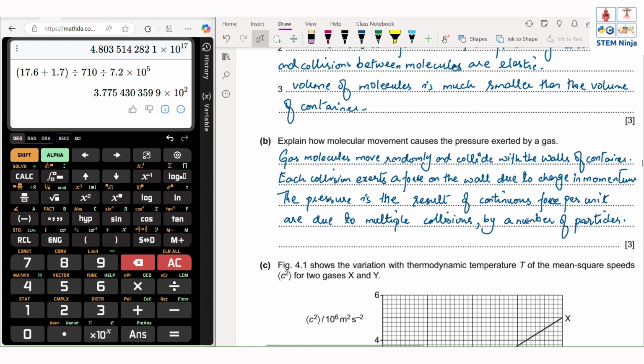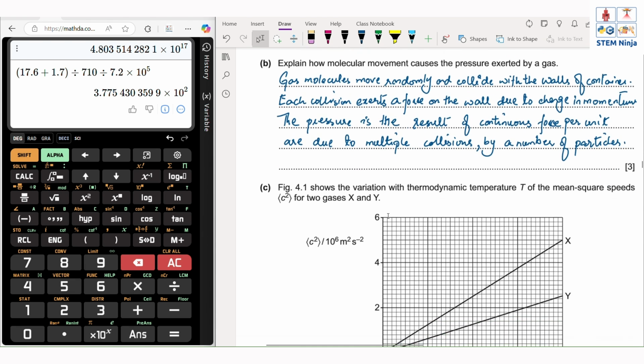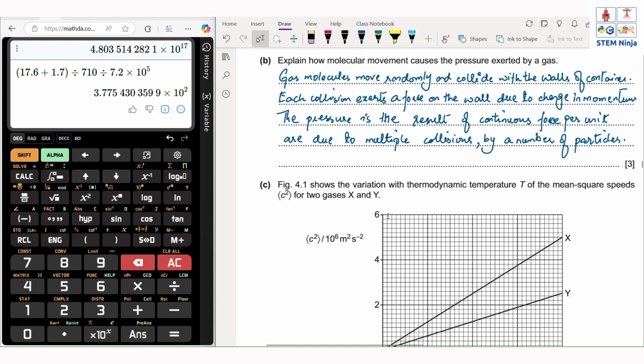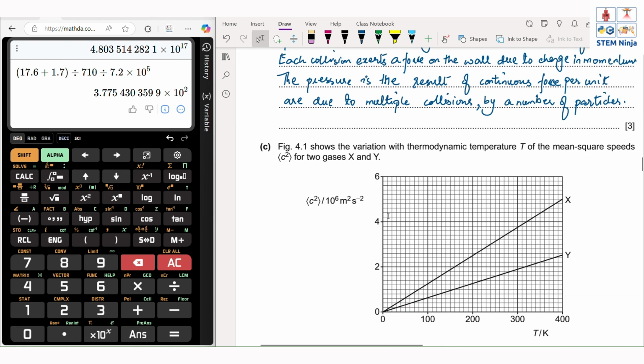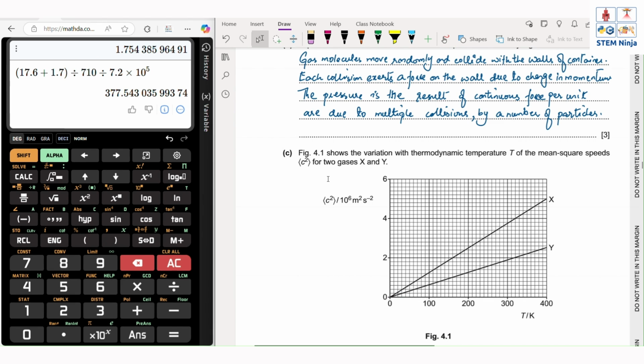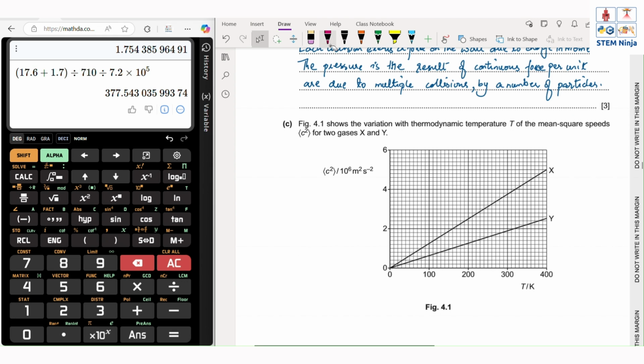Now, figure 4.1 shows the variation with thermodynamic temperature of the mean square speeds of the two gases. So we see over here that this is a proportional response. So mean squared speed is proportional to the thermodynamic temperature.